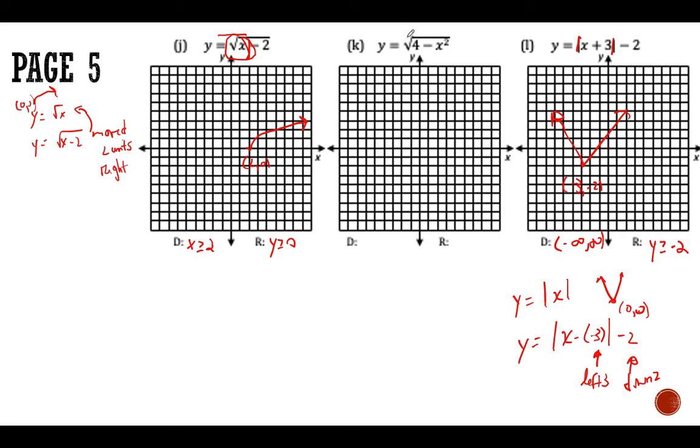I'm going to get rid of the radical here by squaring both sides. Then I'm going to move the x squared over to the other side.